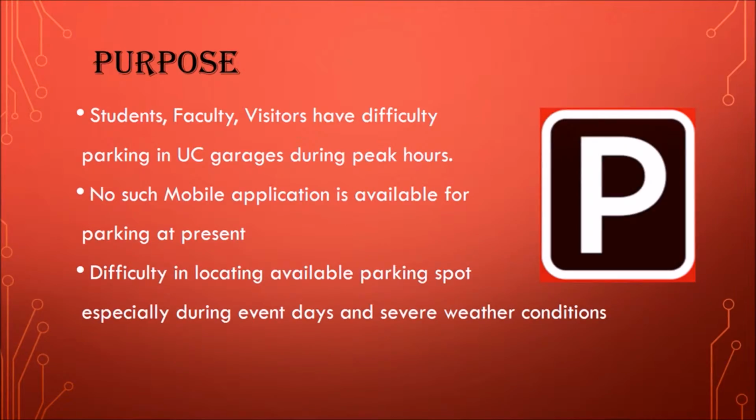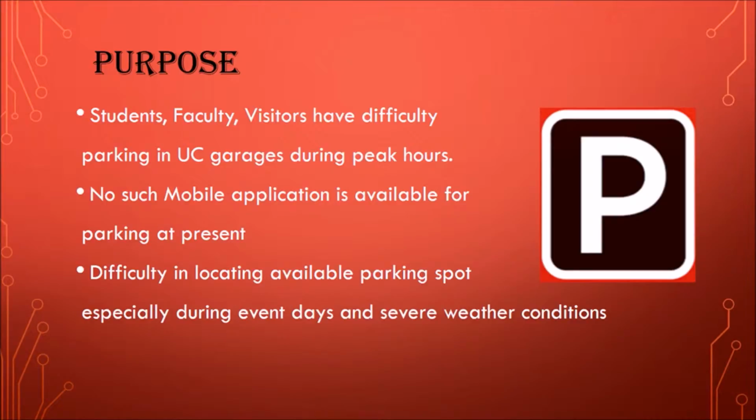Due to the lack of a tracking system, motorists are frustrated finding a parking spot in the UC garage. Especially during severe weather conditions in winter, motorists have a hard time finding a spot to park near their workplace.